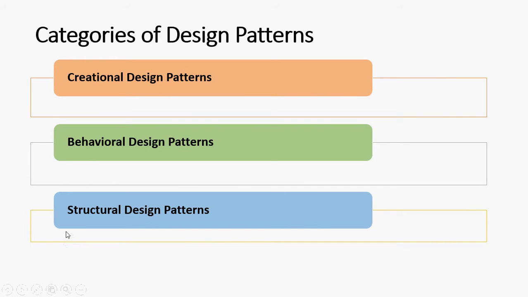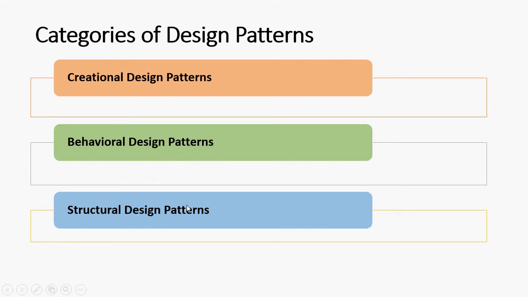There are three categories of design patterns. The first one is the creational design pattern, which focuses on handling object creation mechanisms, where objects are created in a manner more suitable for the situation we are working on. The second one is the behavioral design pattern, which focuses on improving the communication between different objects in a system.